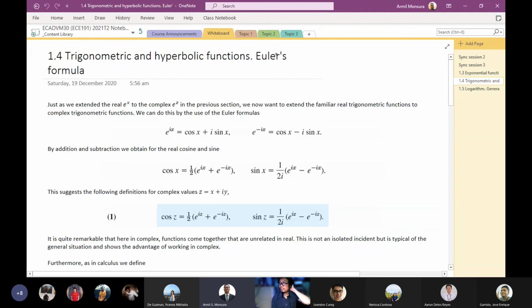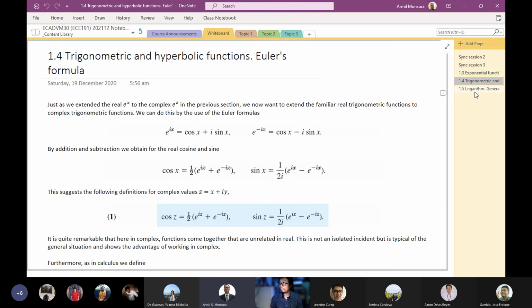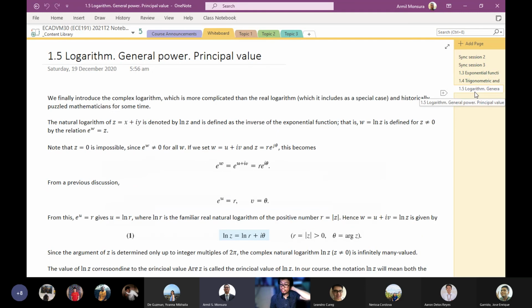Kasi overtime na ako ng 2 minutes. So that ends up the meeting natin for today. So again, I hope that you would be studying these two remaining topics so that magawa niyo yung homework niyo.